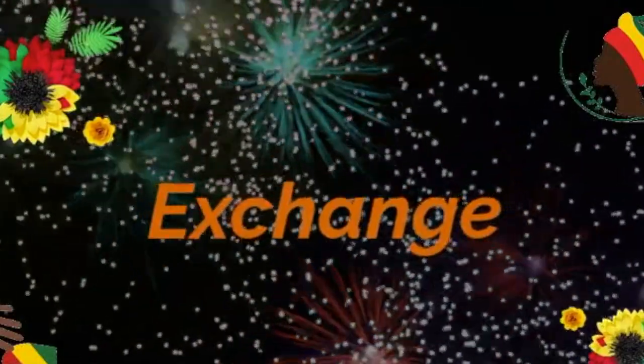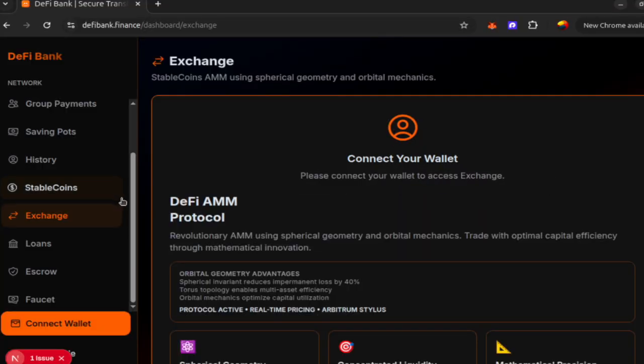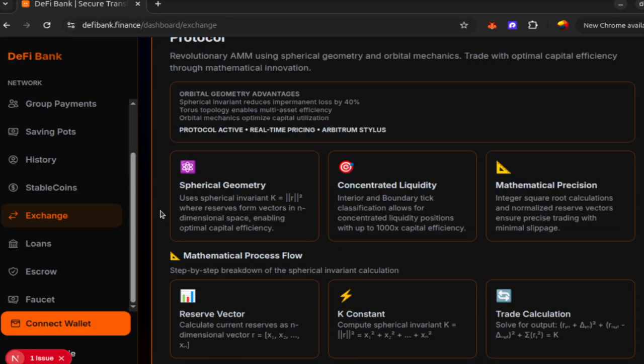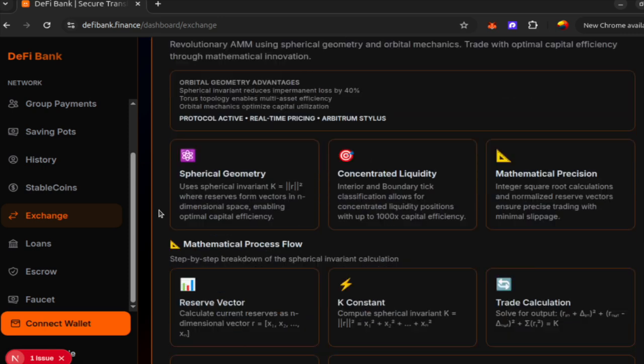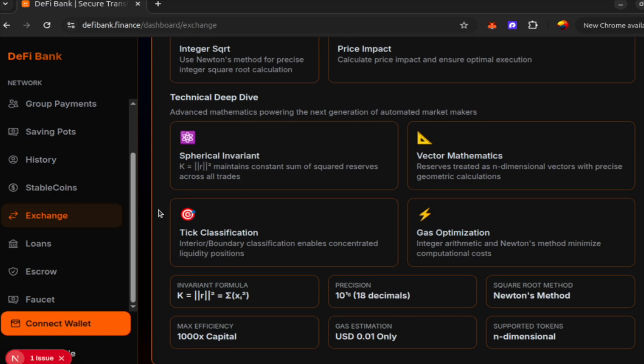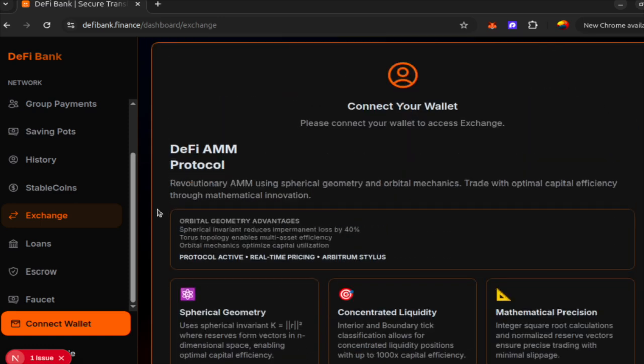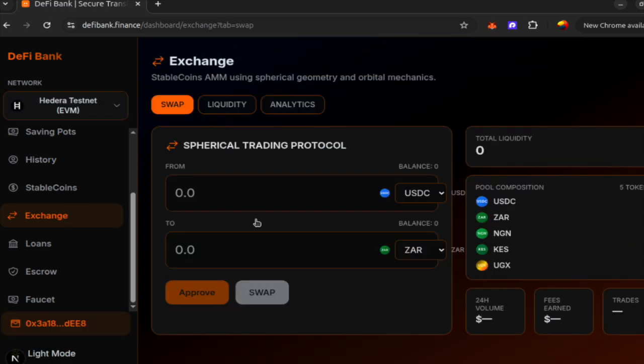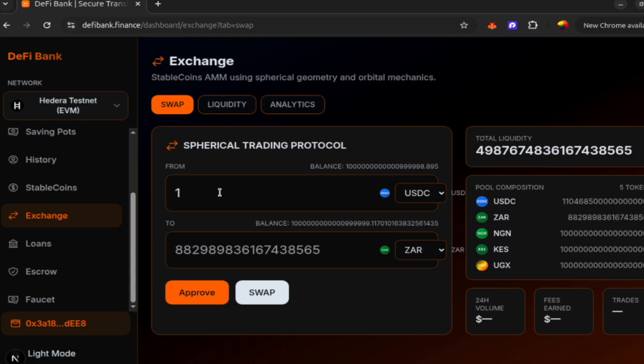Exchange. Here you can read all about the protocol, where we use spherical math and mechanics geometry. Let's try to exchange from USSD to.